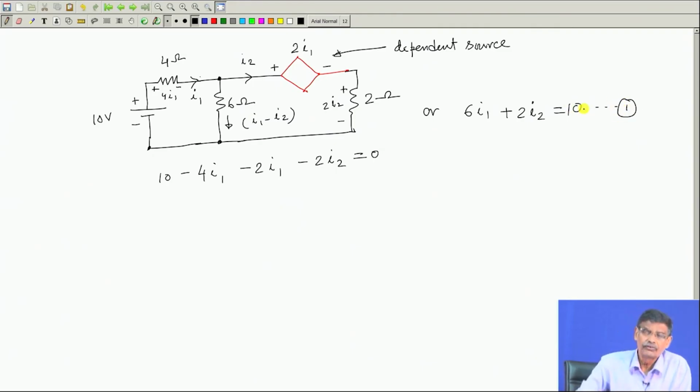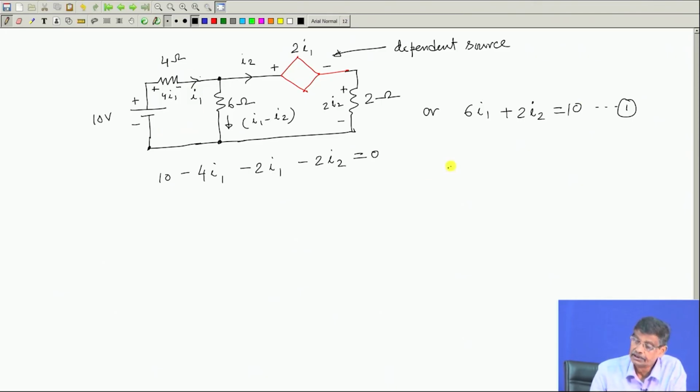My goal is to solve for all the currents in various branches of the network. So, that is the first equation. Second equation: I would like to develop another equation, which I can do with any loop, this loop will also do. So, I write down the KVL equation in this loop.